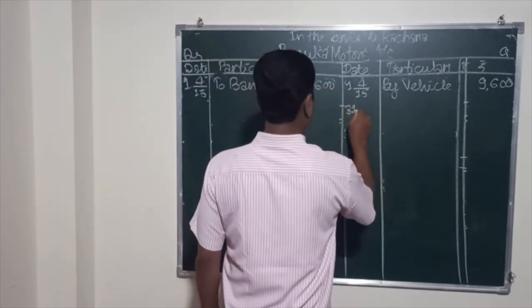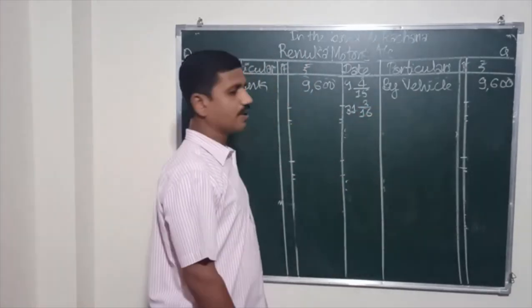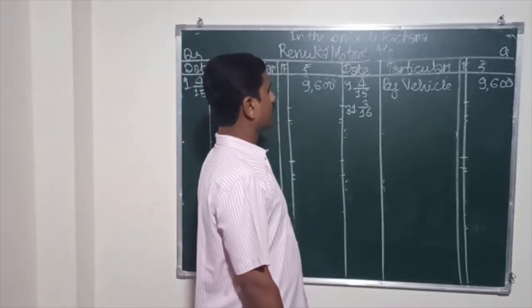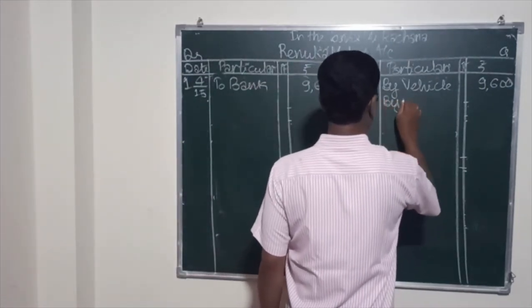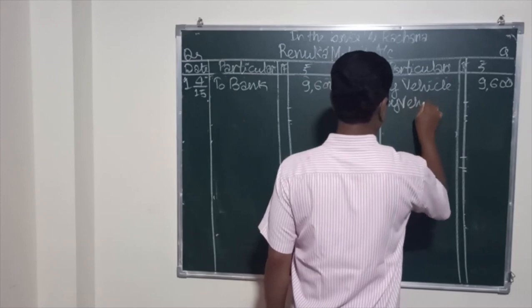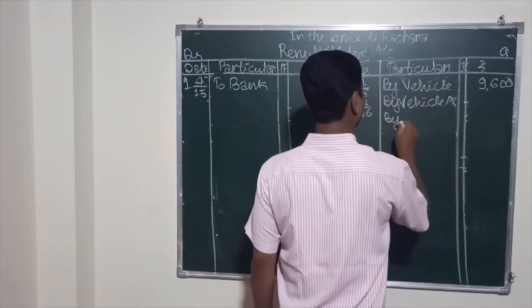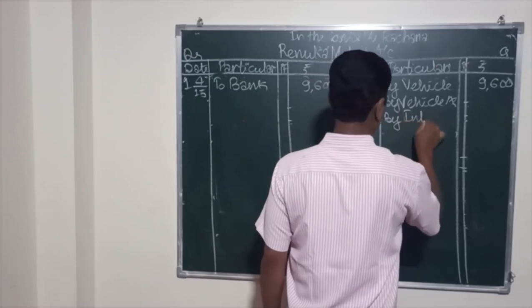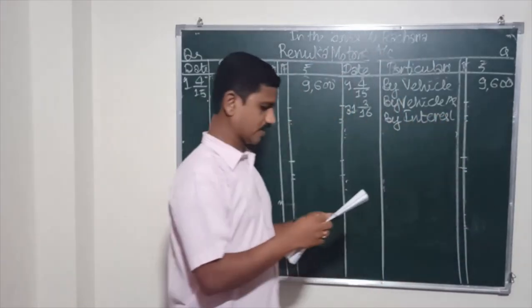The first installment is payable on 31/3/16. Then the entry will be vehicle account debit, interest account debit to Renuka Motors. So Renuka Motors account is credited by vehicle account, then by interest account. So the first installment here is given as 16,200.